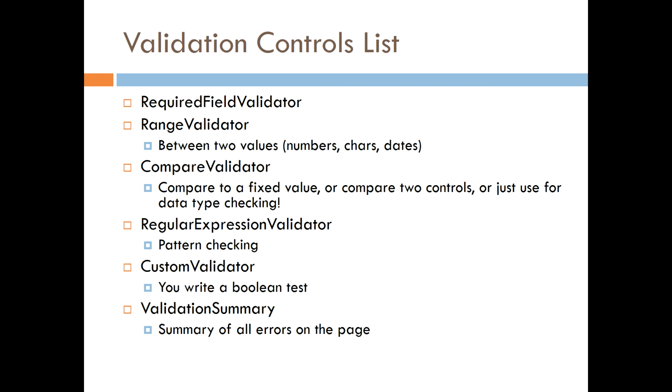Well, these validation controls, they make our lives so much easier, okay? The required field validator is the basic one. Basically, it says something has got to be entered, or actually, because there's an initial value property, it has to be something that is changed from an initial value. So that could just be that something was entered, because the initial value is blank, right?